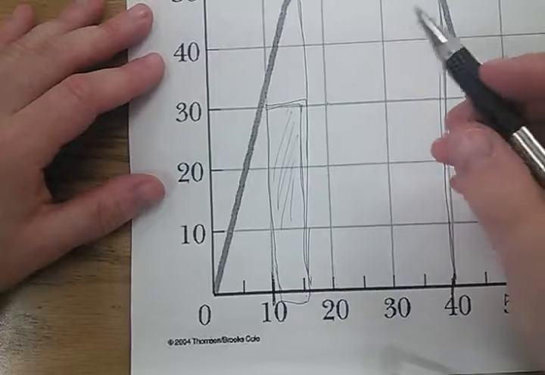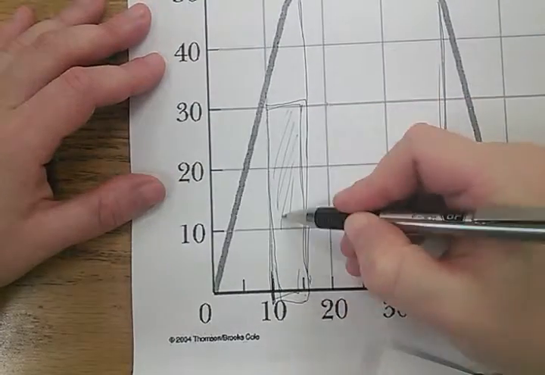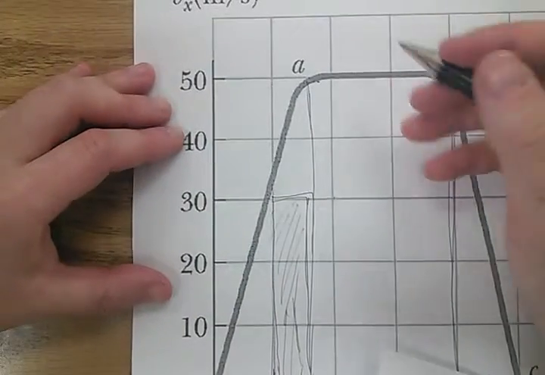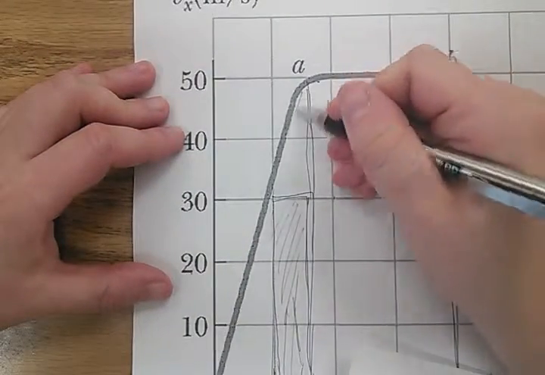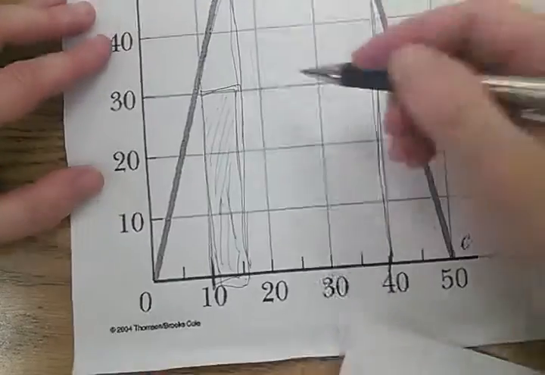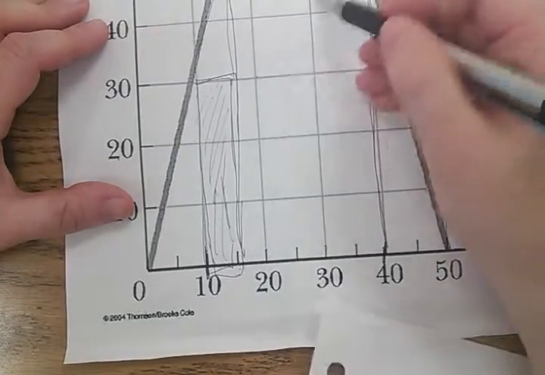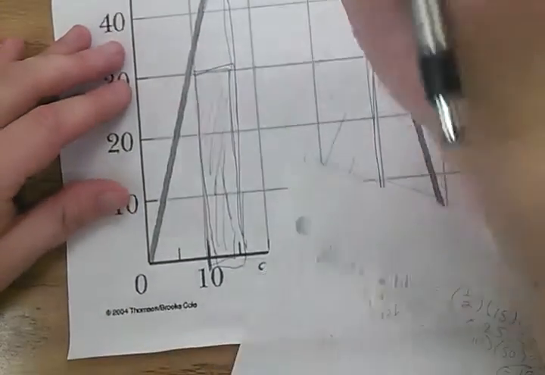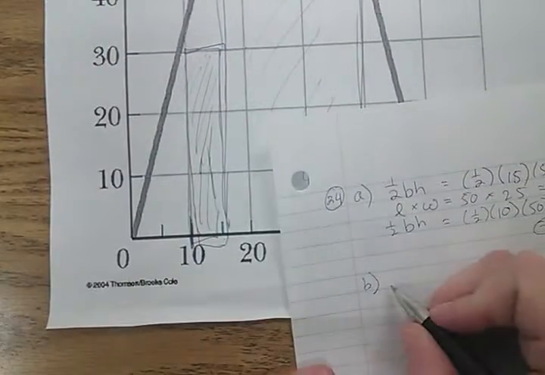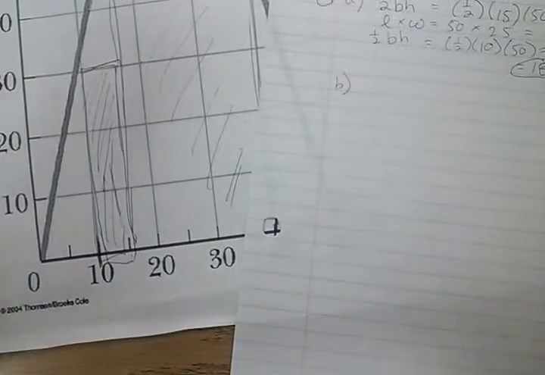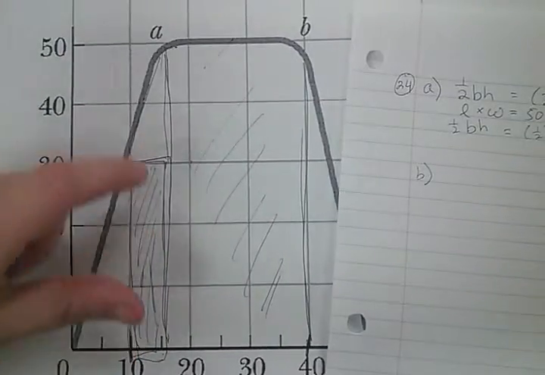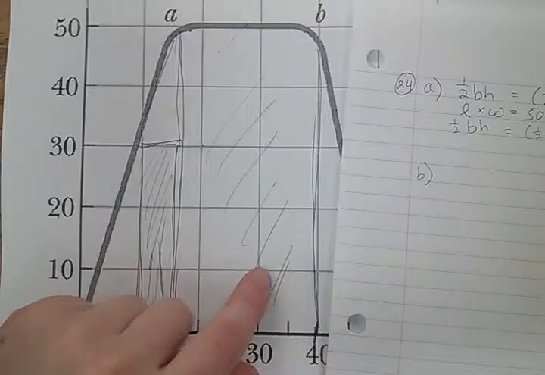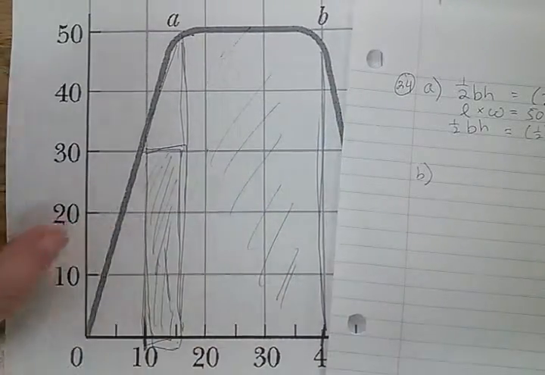Sorry, I just realized you couldn't see that. Anyway, we're going from 10 to 15, and we get a rectangle here. And then up here, we have a triangle, and then we've got that whole rectangle there. So we want to do the area of this small rectangle plus this triangle plus this rectangle.